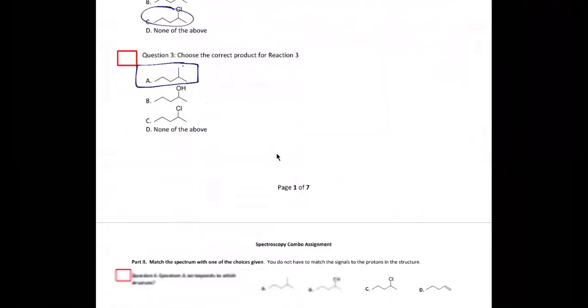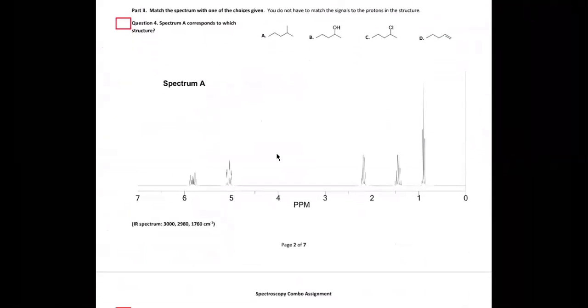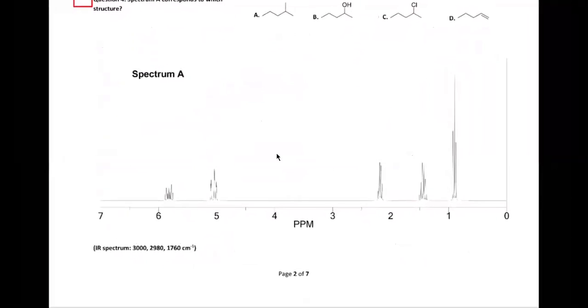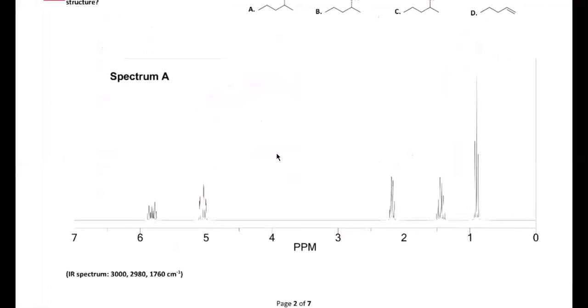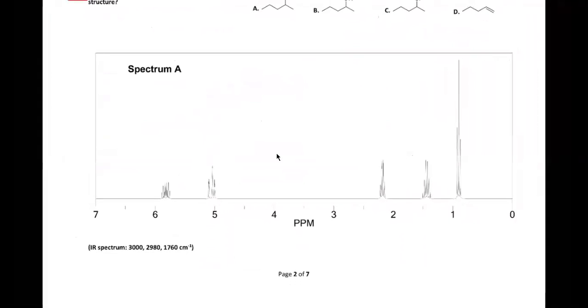And now we're gonna go down here to these NMRs and see if we can pick out what's what. And I included the starting material. So let's look at it. We got infrared data, 3000, and one of these stretches I didn't give you, but I'm gonna help you with this one. So you got 3000, 2980, and then 1760.